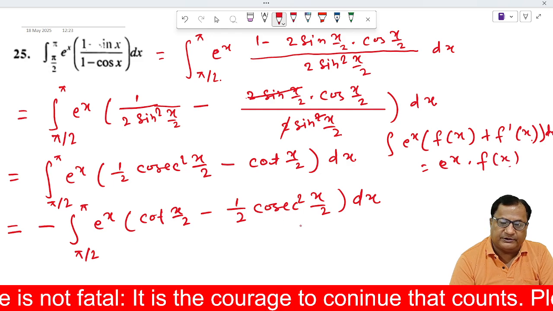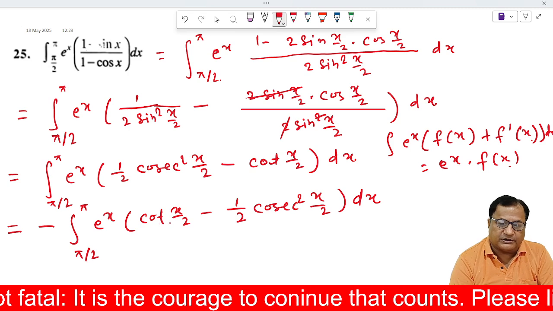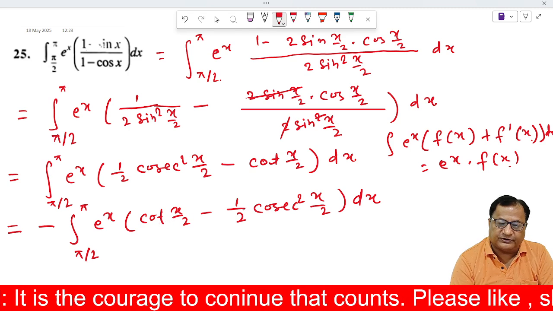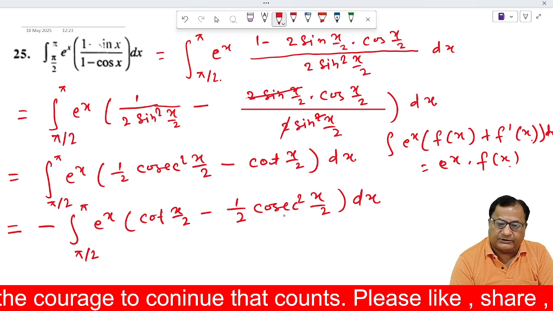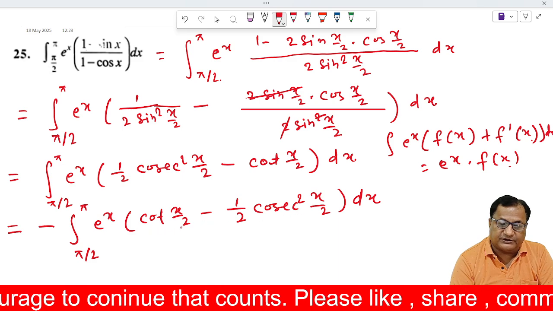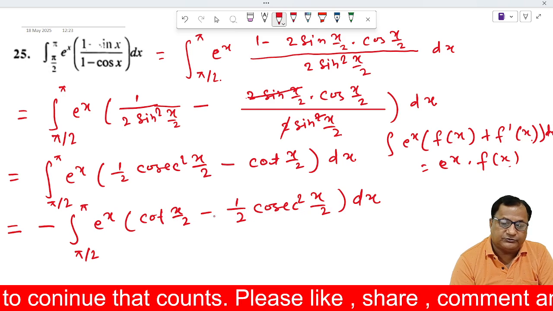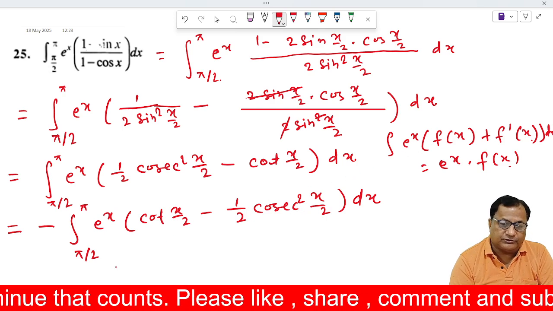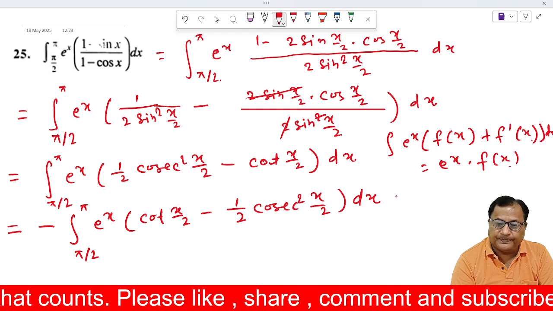On this formula we can integrate this, because the differentiation of cot (x/2) is minus 1 by 2 cosec square (x/2). So we can use this formula.